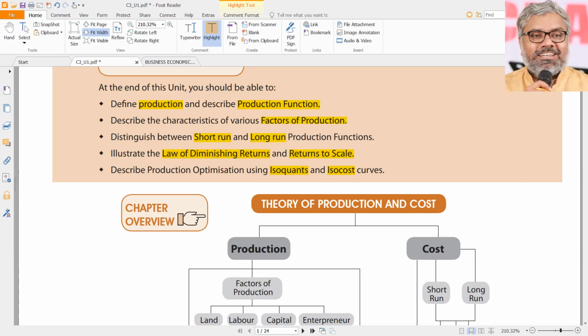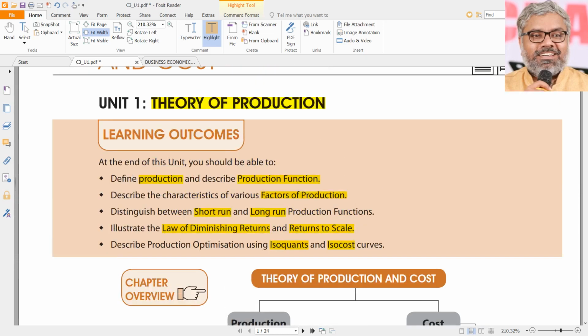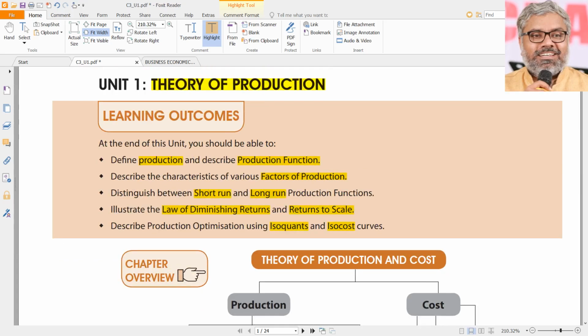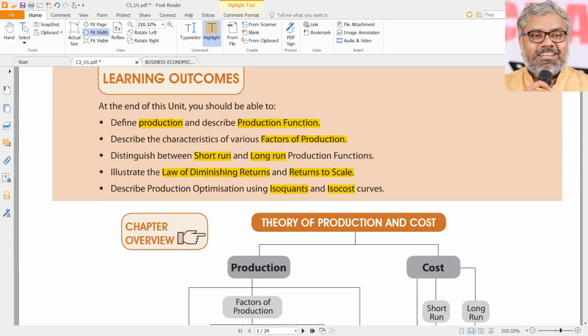So iso utility means same utility. So indifference curves, when we discussed in the theory of consumer behavior, are iso utility curves, because along that curve, anywhere the utility of the consumer is same. So whenever the word iso is used, that's a generic word, just like the word marginal. Marginal means one plus, iso means same. So these have to be also studied as part of this unit of chapter 3.